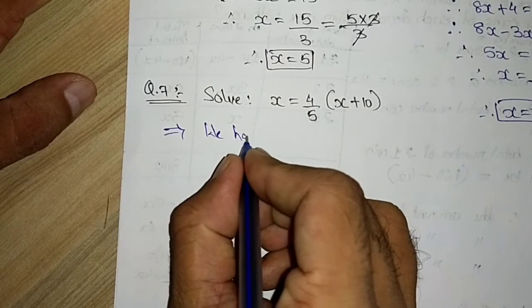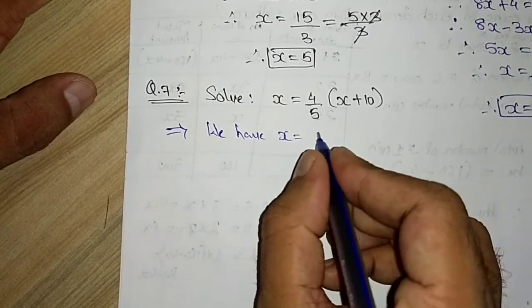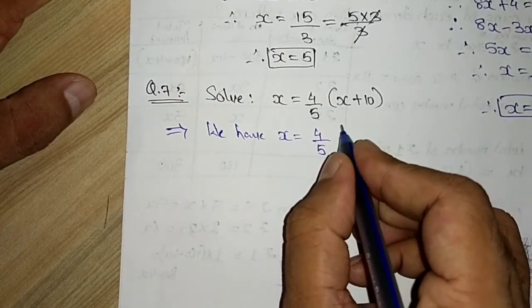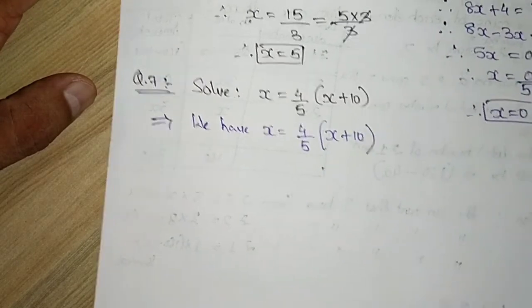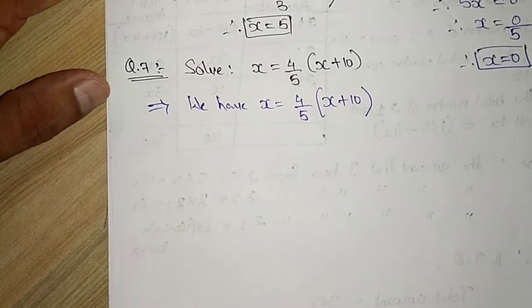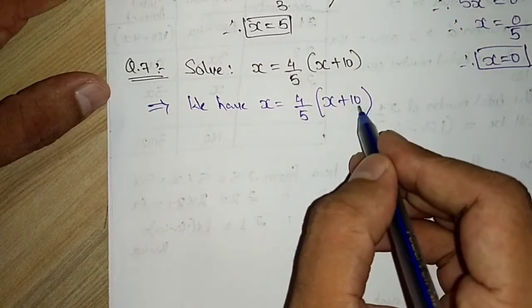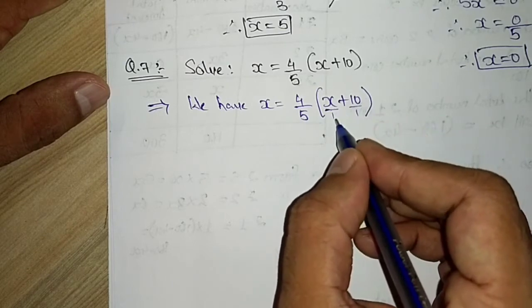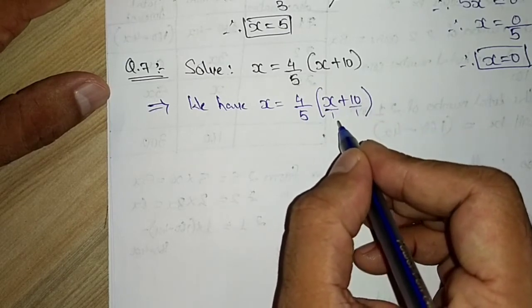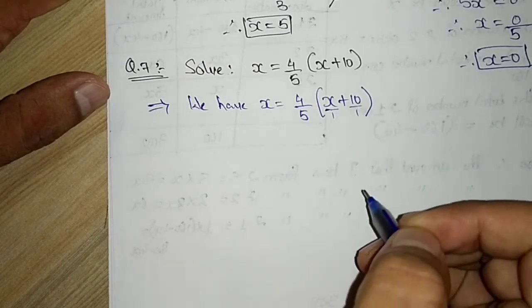Here we have x is equal to 4 divided by 5 into bracket x plus 10. See students, if I am multiplying 4 by 5 with the whole bracket, you may already know that the denominator of x is 1 and the denominator of 10 is 1.